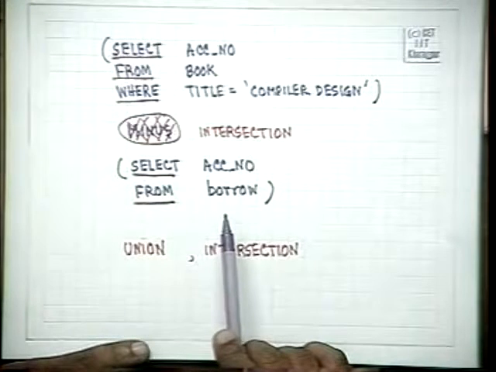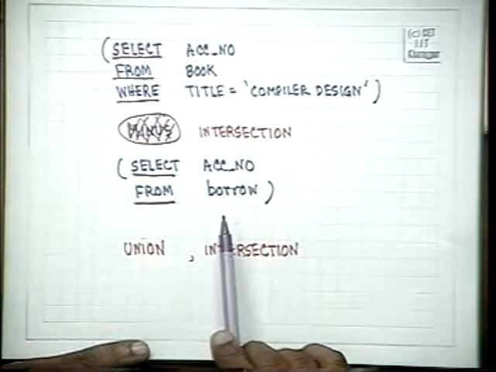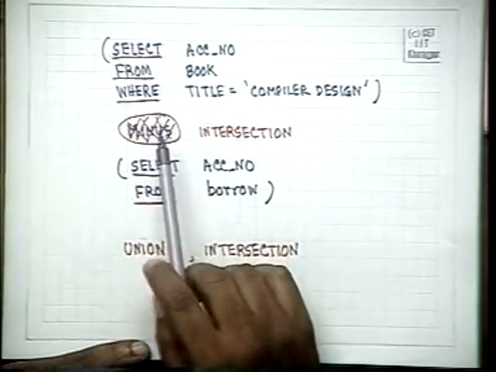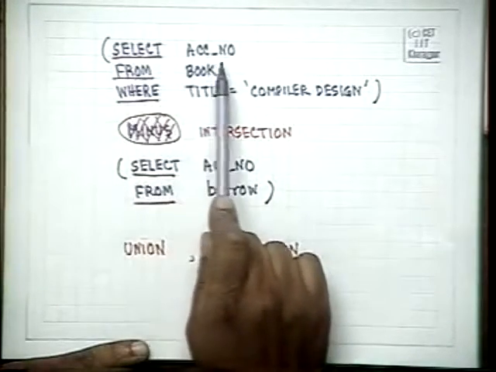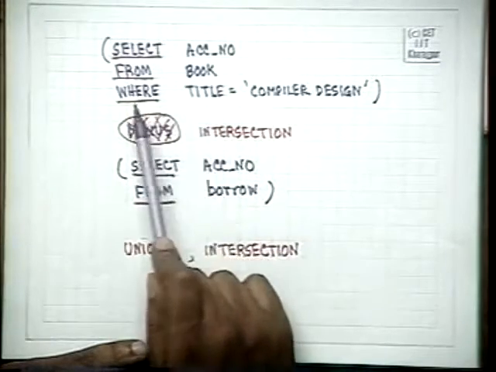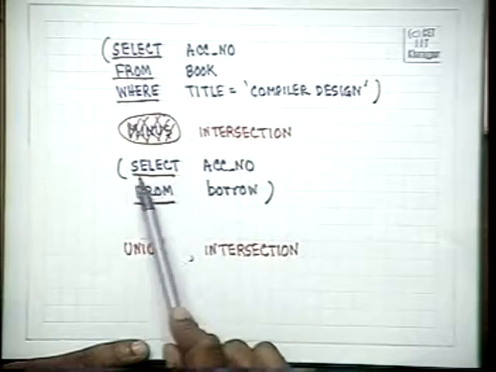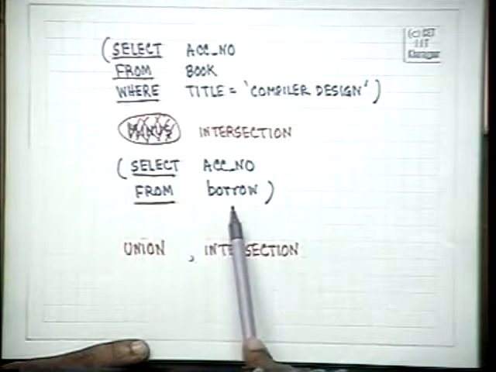We found that SQL provides a number of set operations, some of which are directly there in relational algebra and some of which are not, but they are more useful when we provide them in SQL. For example, here we had the example select accession number from book where title equal to compiler design, intersect select accession number from borrow.